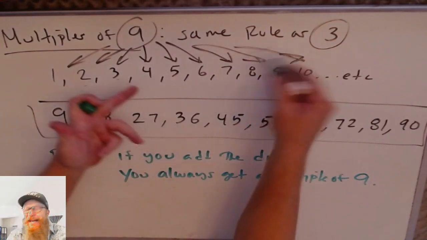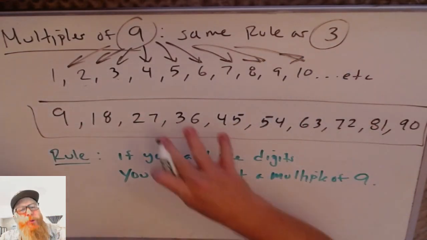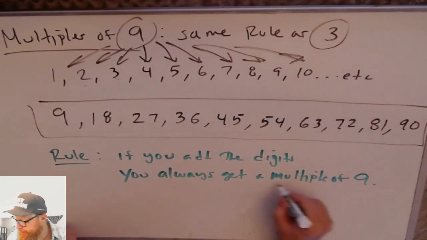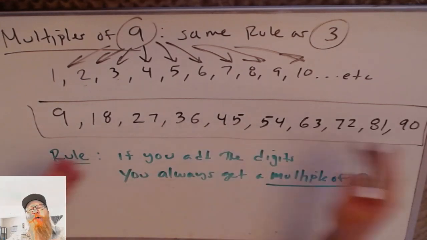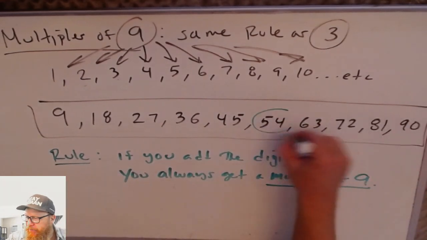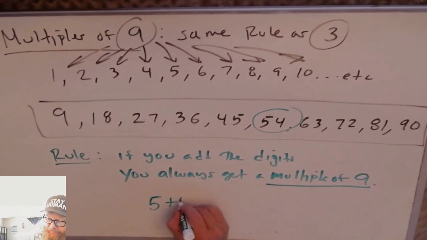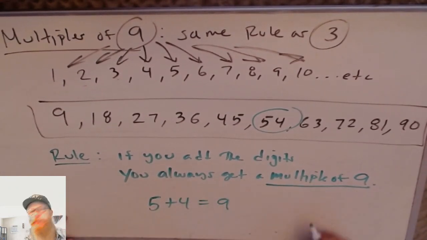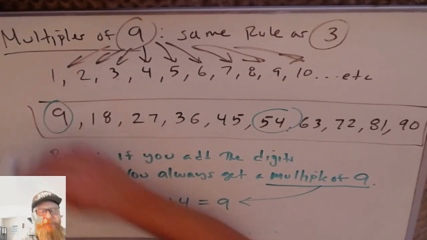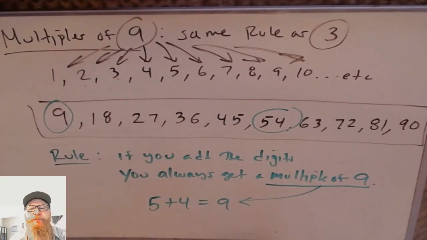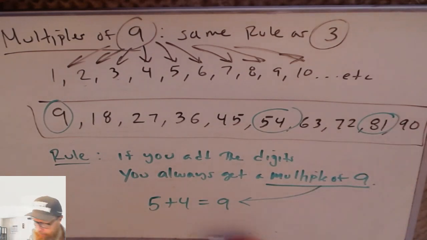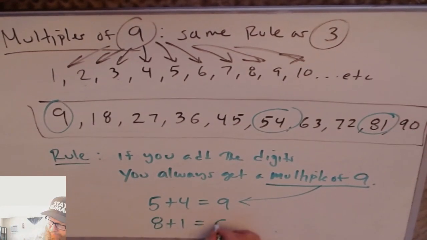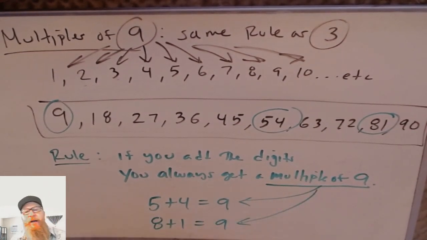So when I say the same rule as 3, I mean the same rule but applied to 9. So just grab one of these offhand. 54. 5 plus 4 is 9. A multiple of 9. 9 is a multiple of 9. 9 times 1. Grab another one. 81. 8 plus 1 is 9.